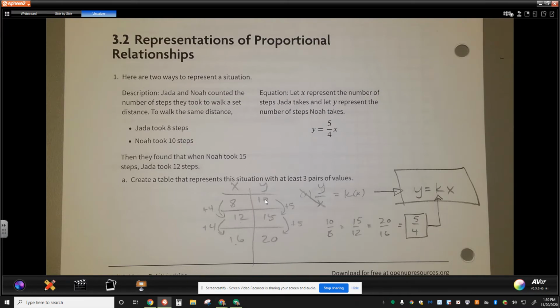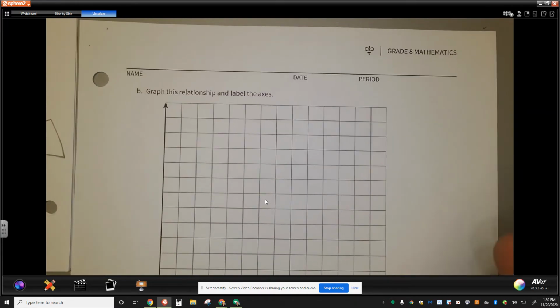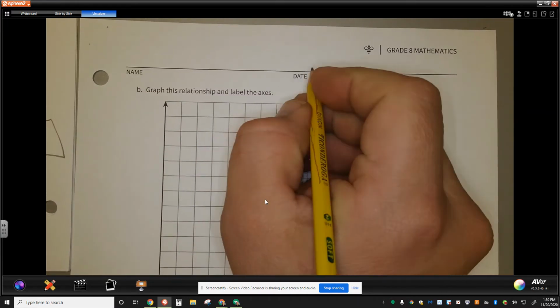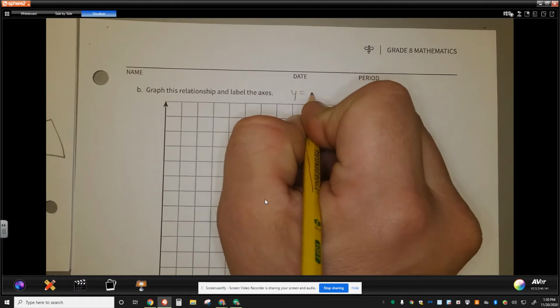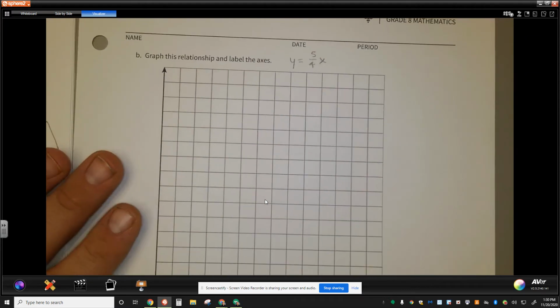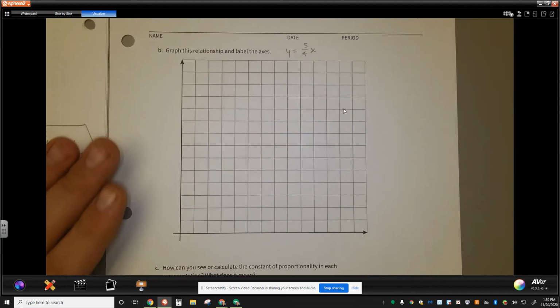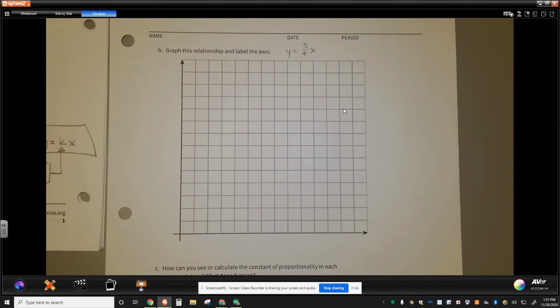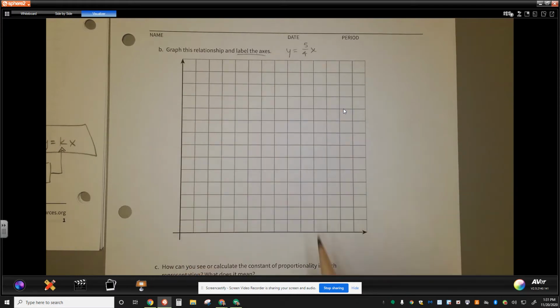Now the question is, how do I represent that on a coordinate plane or on a graph? We're going to go ahead and bring this over here to a graph to graph this relationship. We're going to have the equation. I'm just going to write it right here so we know where this is at. A couple of things can really help us out here. First off, we need to label our axes, because if we don't label the axes, then we can get really confused on what could happen.